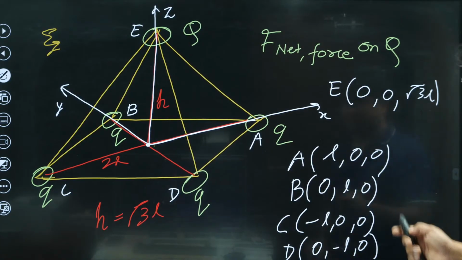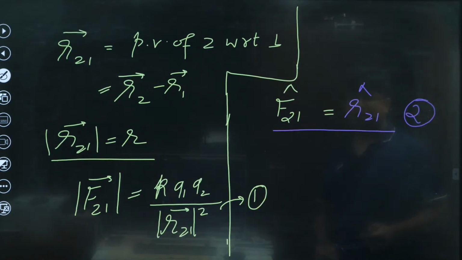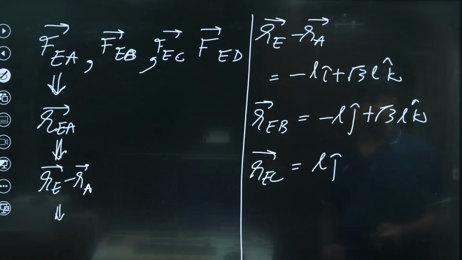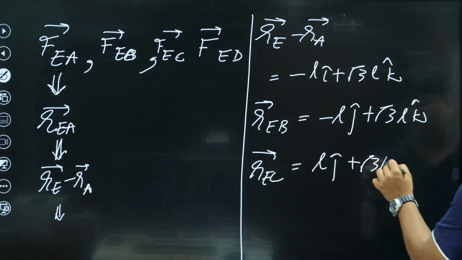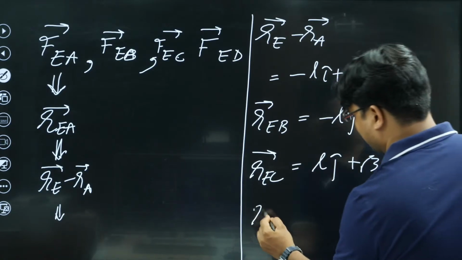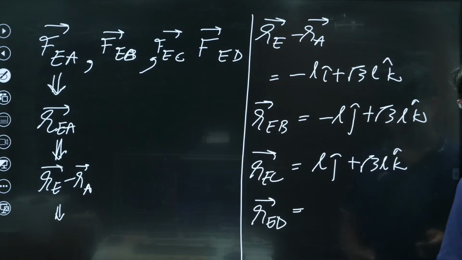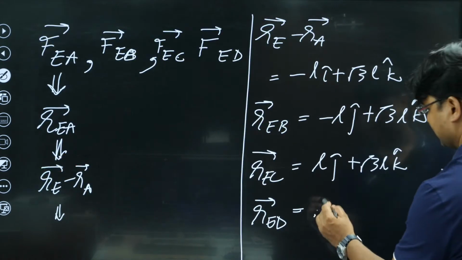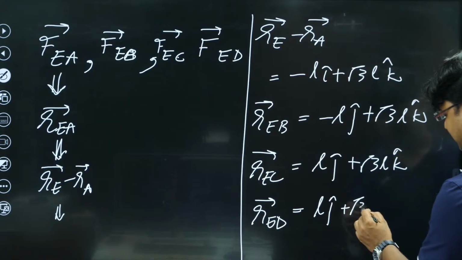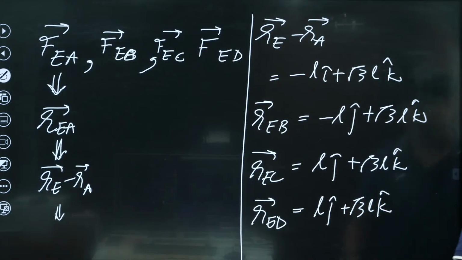So these are the correct coordinates. Okay, coming back to this, plus root 3L k cap, and RED, that would be L j cap plus root 3L k cap.